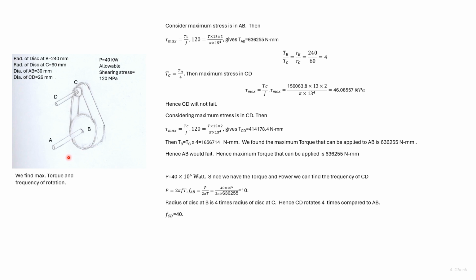We are given the power and we have found out the torque, so we can find out the frequency. Now, the disk at C will rotate 4 times faster. So, whatever we have found, we multiply that by 4 to get the frequency of rotation of CD.